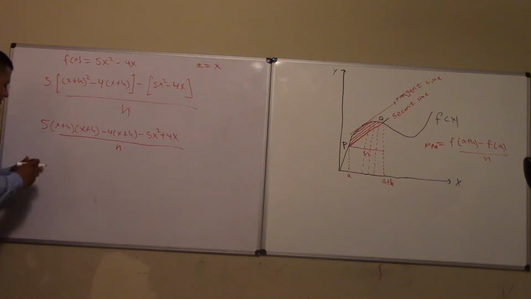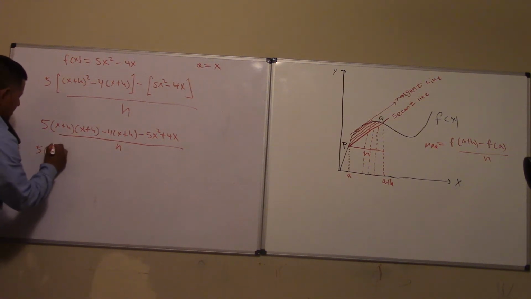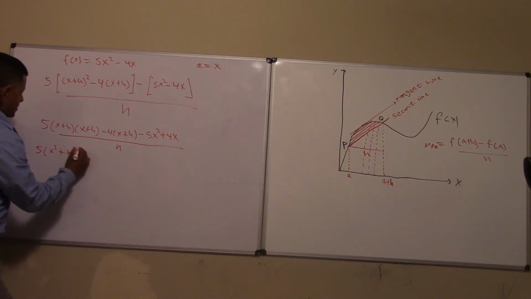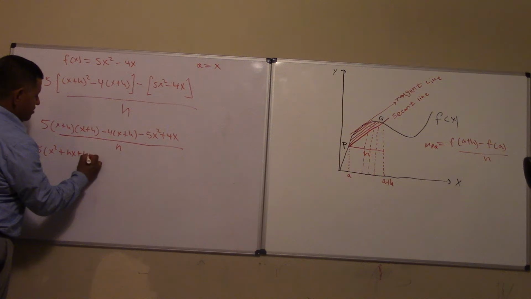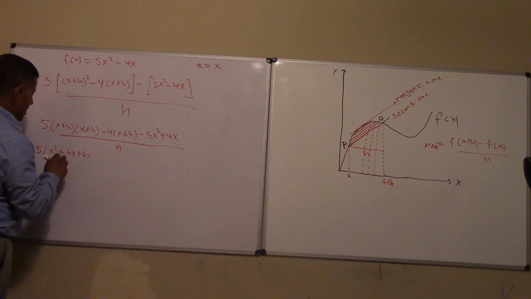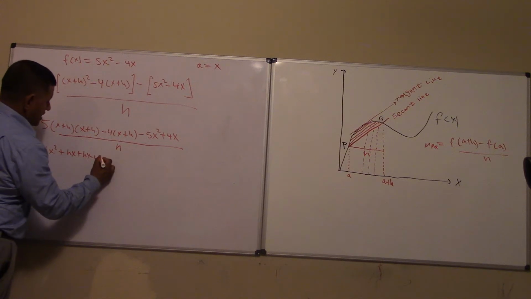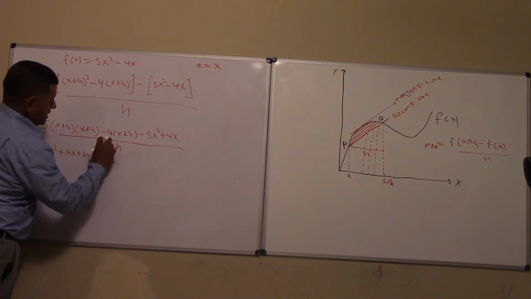Now, when I do this math here, I get what? I get 5, and then I get x squared plus hx, plus xh, right? Plus h squared, right? Minus, I distribute that sign right here, and I get what?